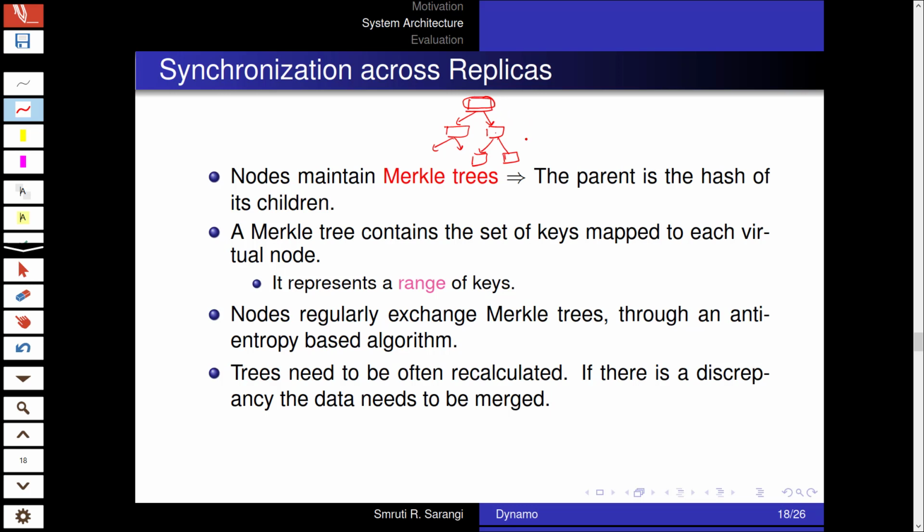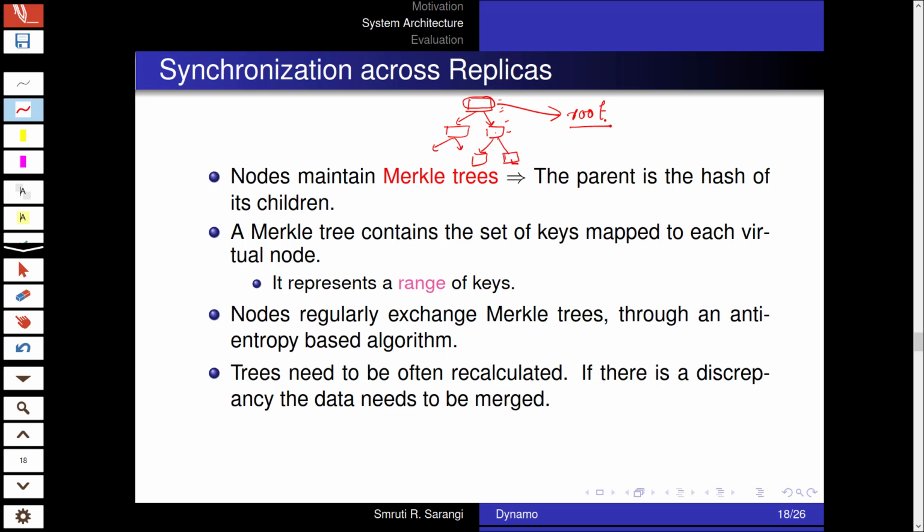So if you think about it, if I change the value in any leaf, all of the hashes till the root will change. So the root, in a sense, contains a gist of all the data that is contained in the entire system, right?